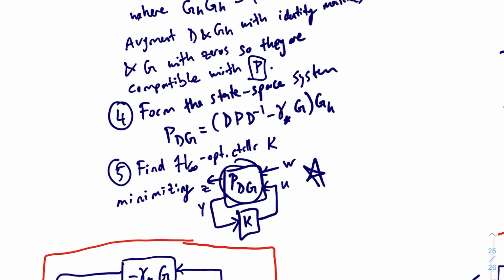And for that new system, just design. Again, you know what PDG is at this stage, and you know what G, GH, the spectral factorization of it, and D are. You also have P and gamma star. Gamma star is the number, like the mu value, the maximum mu value.